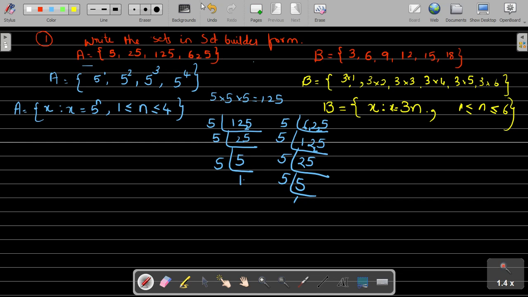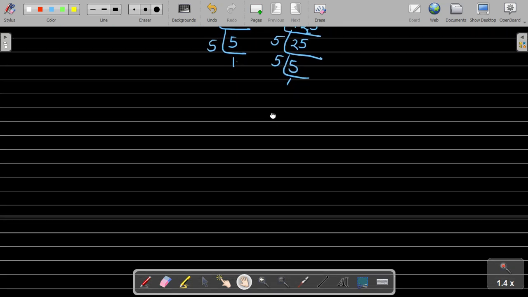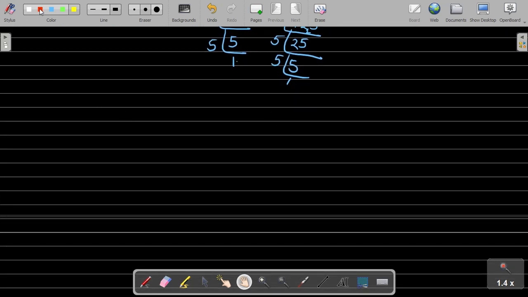Next, coming to the next one, the second question here is: draw the Venn diagrams to represent A union B, A intersection B, A minus B and B minus A. Here no values for the sets A and B are given.